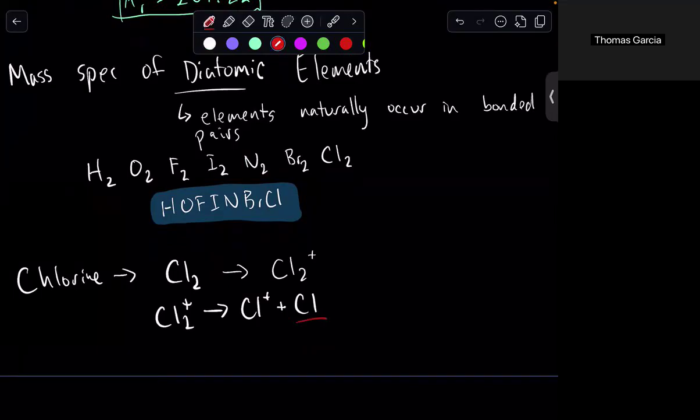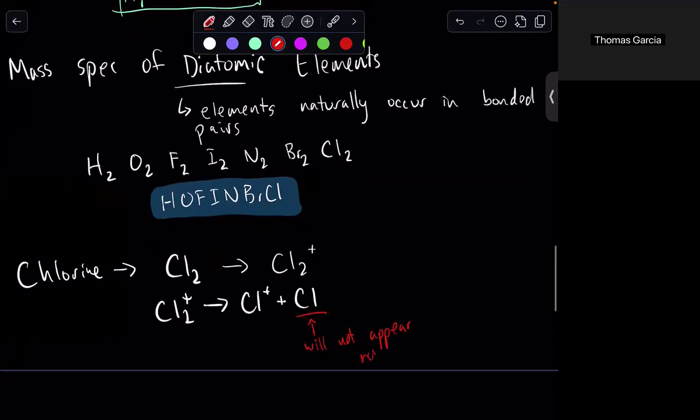Now, that presents an issue. First off, the neutral Cl will not appear because it's not an ion, and mass spec will only deflect and measure ions. So what you're going to get is a mixture of Cl2 plus and Cl plus.